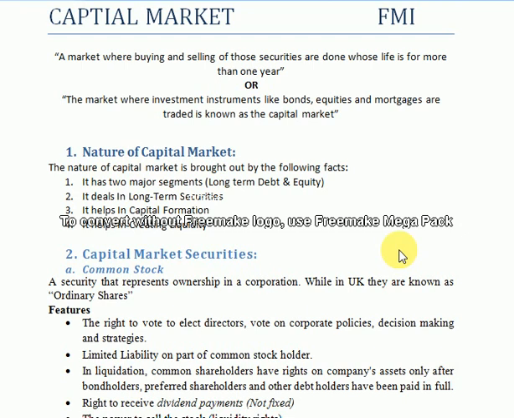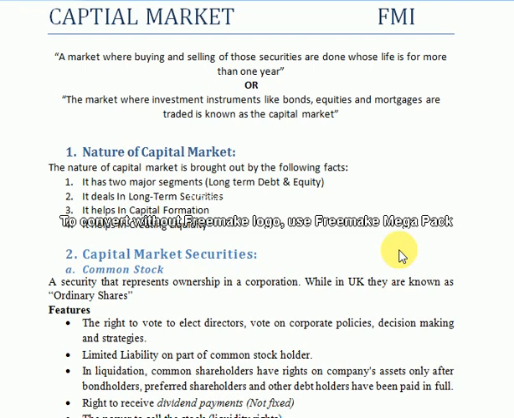Another nature of the capital markets is provision of an investment avenue. The capital market raises resources for a longer period of time, so it provides investment opportunities for people who wish to invest resources for a long period of time.